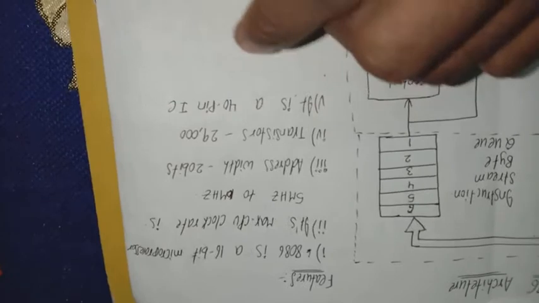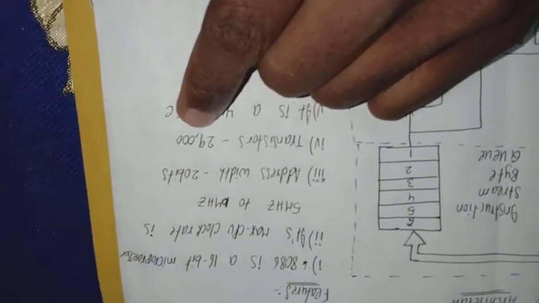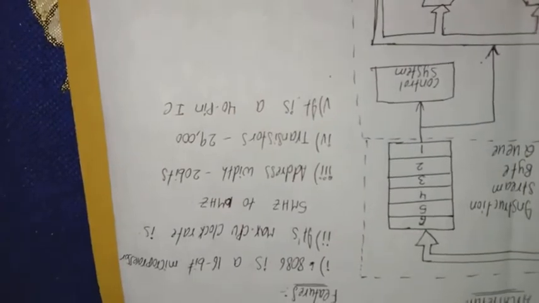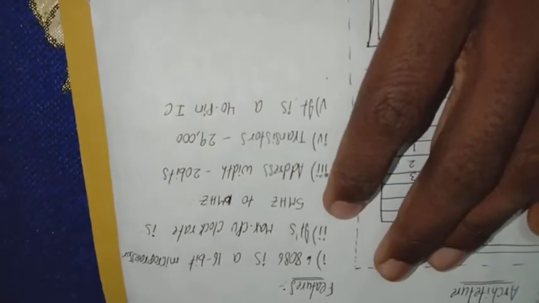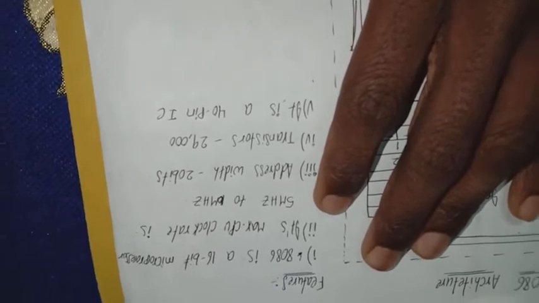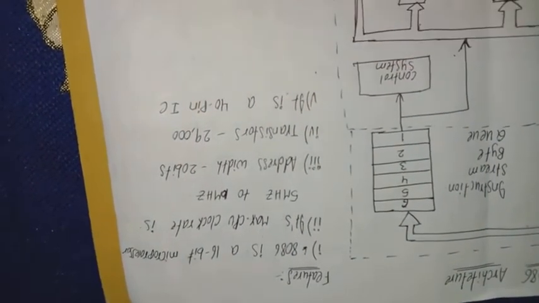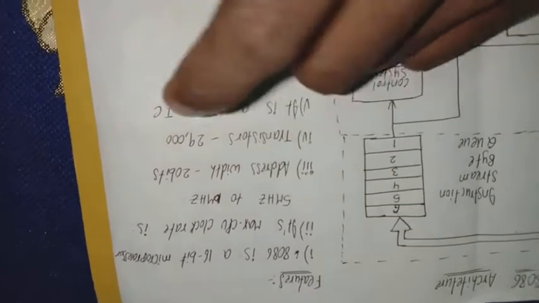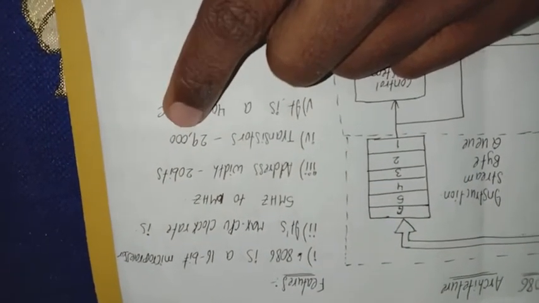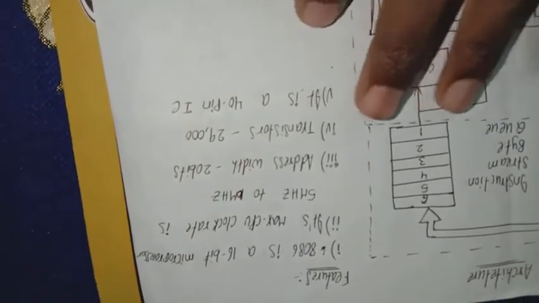And 8086 consists of 29,000 transistors, and it is a 40-pin IC. It contains 40 pins, and it is also made up of 29,000 transistors. It is a huge number.